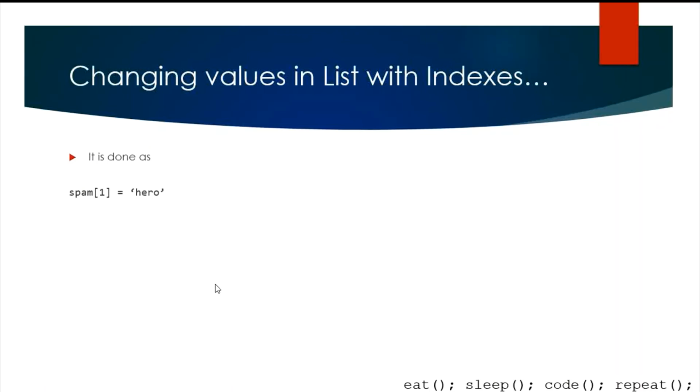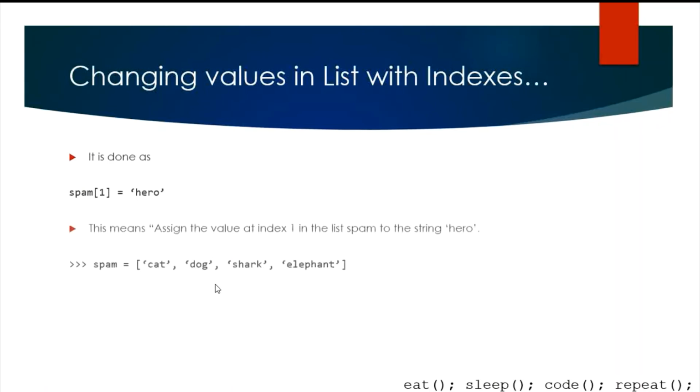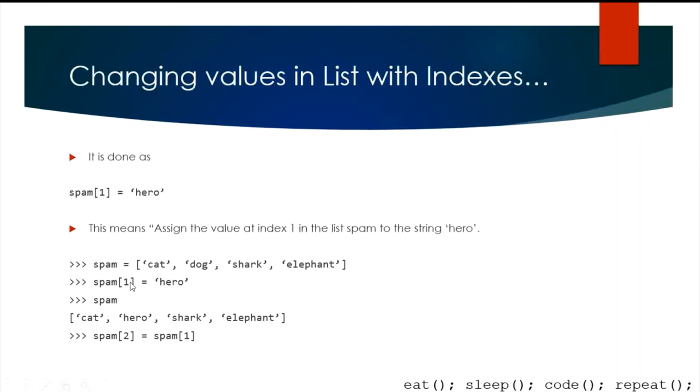I want to change the first index to hero. This means that we're going to assign the value of index 1 in the list spam to the string hero. So after this operation, if I print spam, I'm going to get the dog replaced by hero.